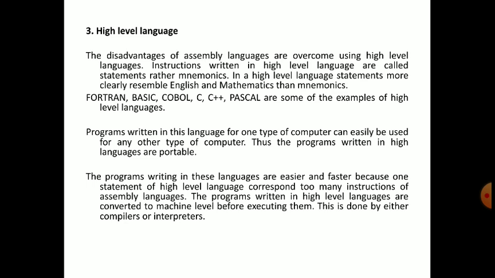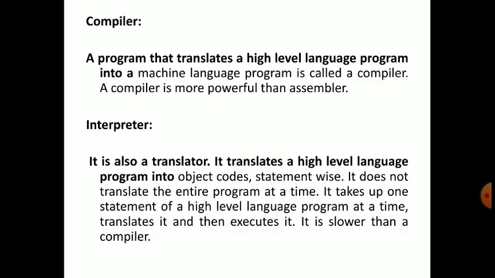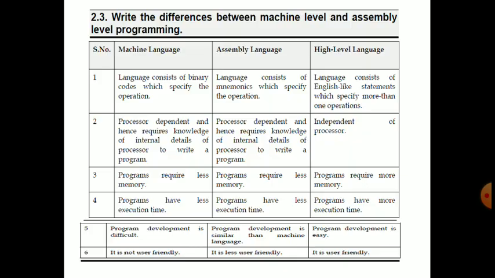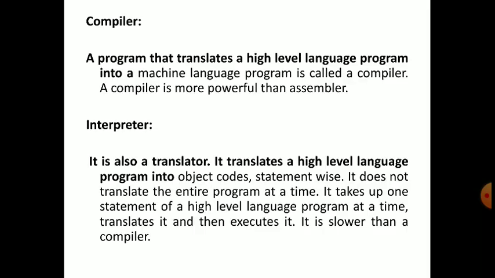In the previous slide we saw the assembler. That is, the assembler will convert the assembly level language into machine level language. So see the definition of a compiler: a program that translates a high level language program into a machine language program is called a compiler.